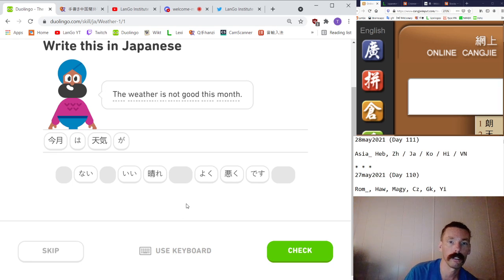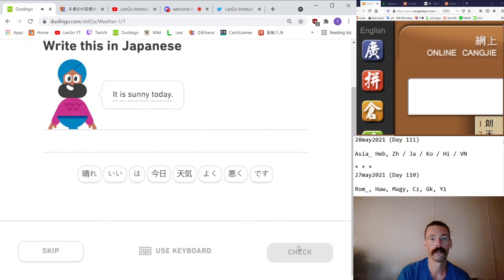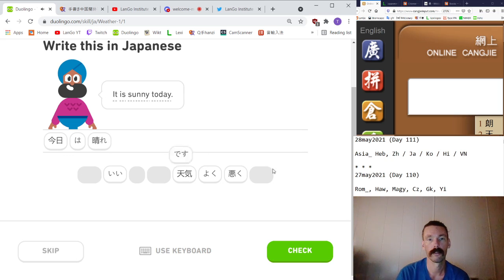How do we say not good? よくないです。 よく would be good, and then you need to say what is the opposite of this. ではありません。 That's not how that kind of adjective inflects.